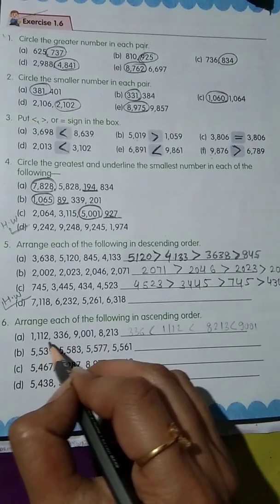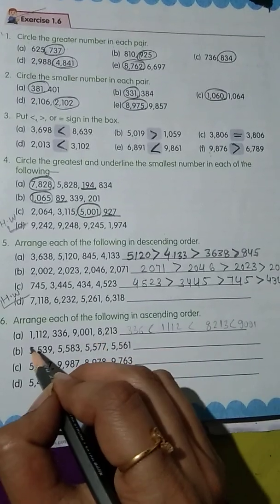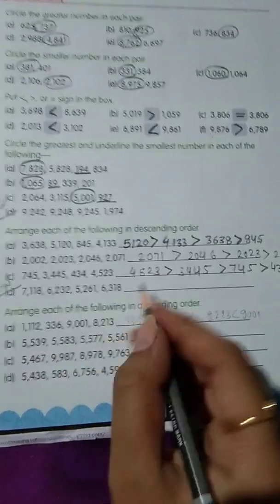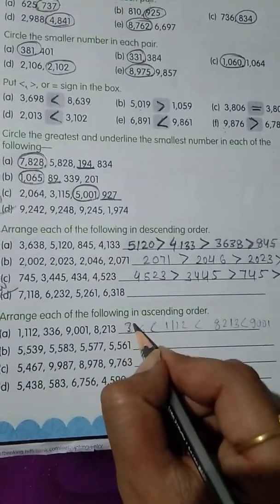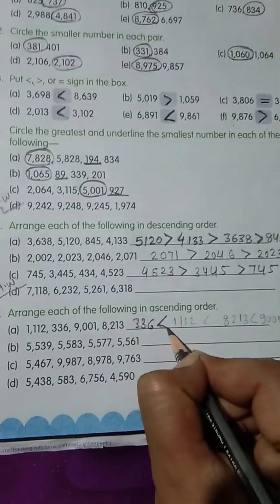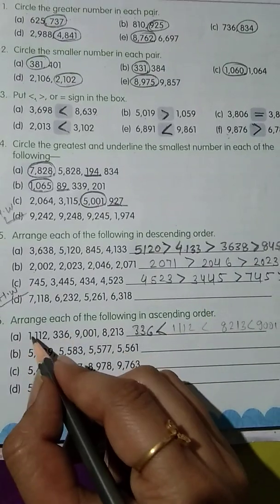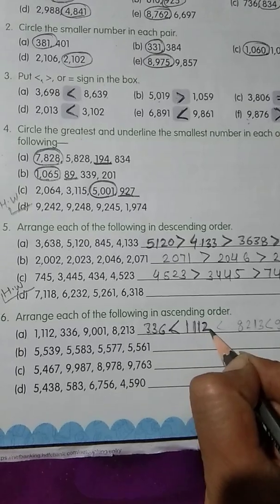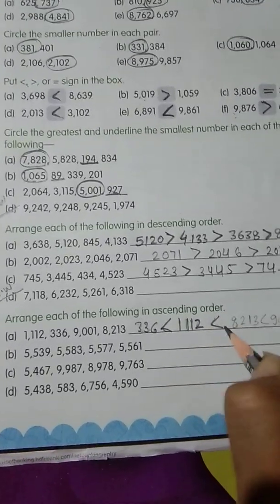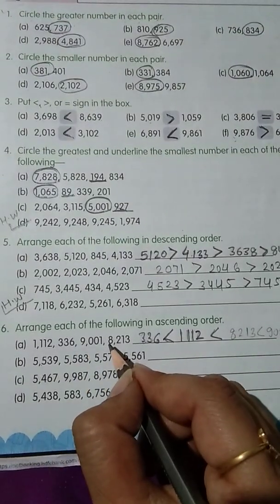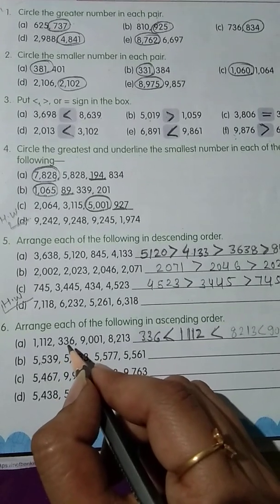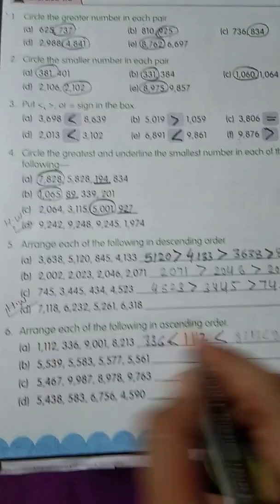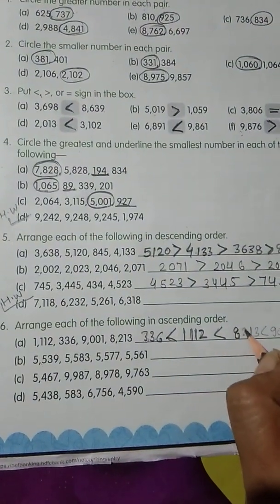Here, what do we have to see first? Which number is the smallest one. So I think this one. Okay, so look at here, 336. After then 1121. After then 9000, 8000. So 8020.